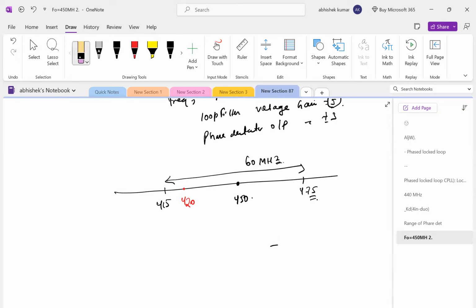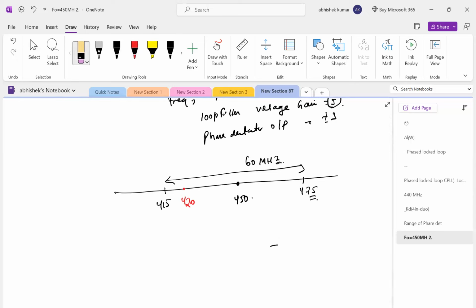Okay, let's see. Before that we can again go to the lock range. What was the lock range telling, to make you understand it? See, the input frequency range over which the PLL remains locked to the input signal, that is when the frequency of the VCO output continues to track the input.